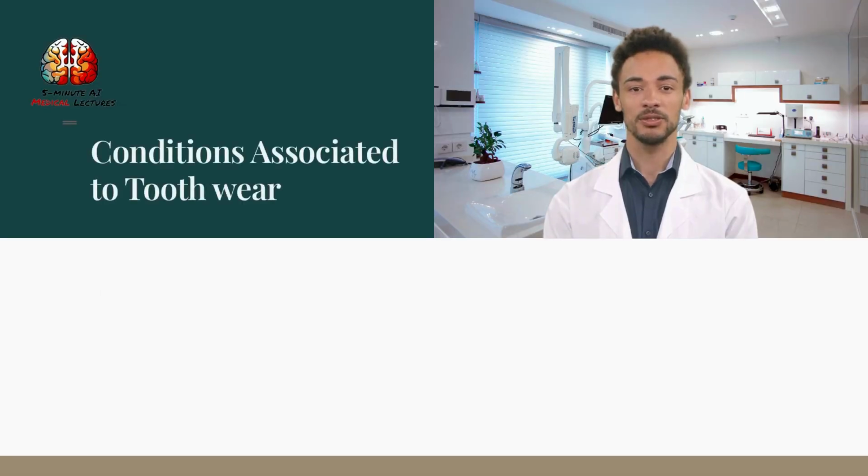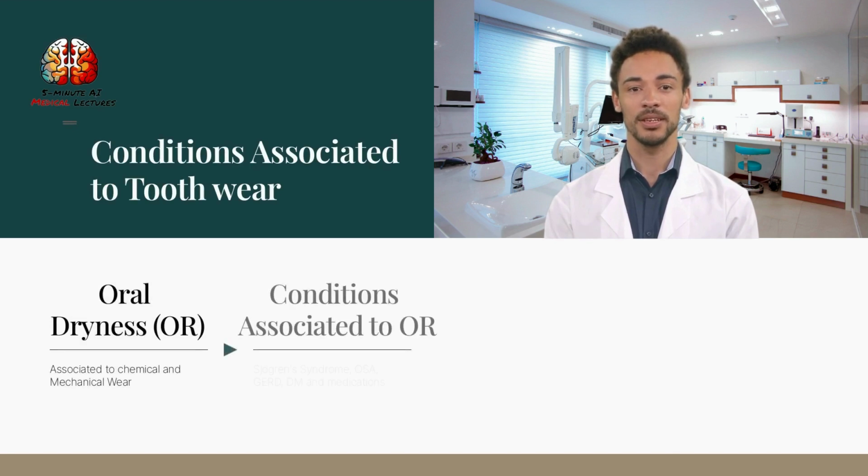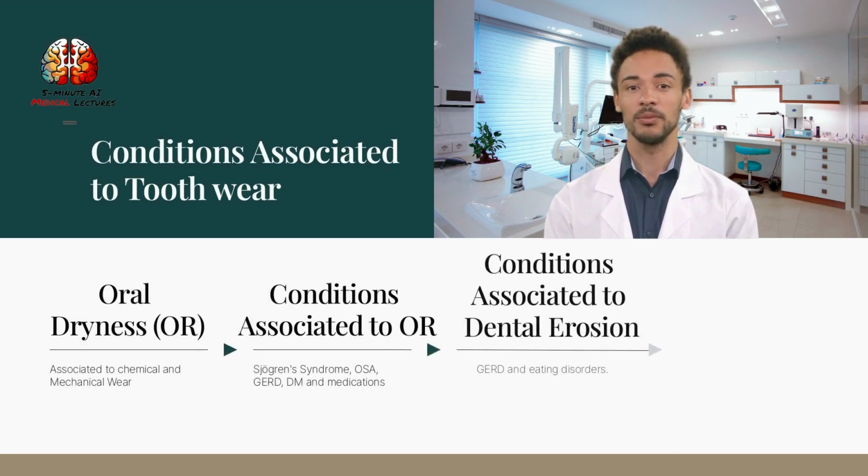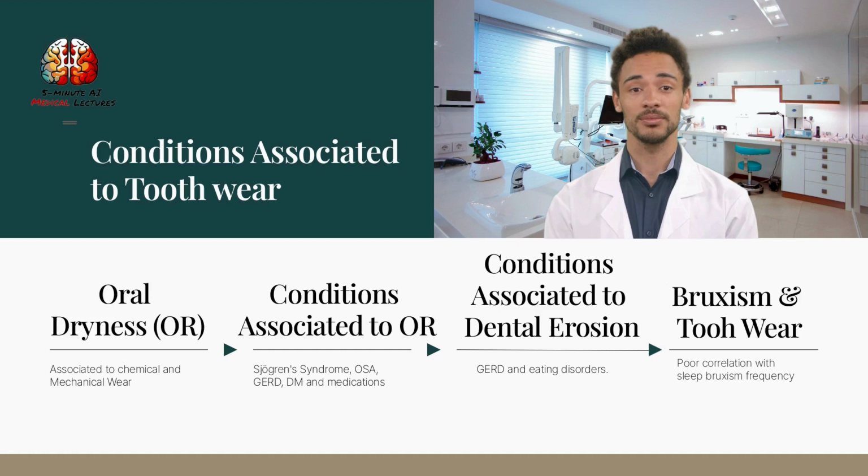Conditions associated to tooth wear and dental pain. In addition to bruxism, there are several other conditions that can cause tooth wear. For example, oral dryness, which diminishes the lubrication between the teeth and the buffer capacity of the saliva, can be caused by the use of medication or systemic conditions such as Sjogren's syndrome, diabetes, sleep apnea, and gastroesophageal acid reflux.